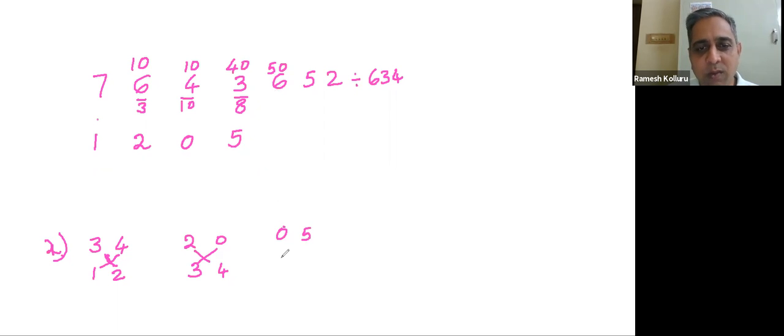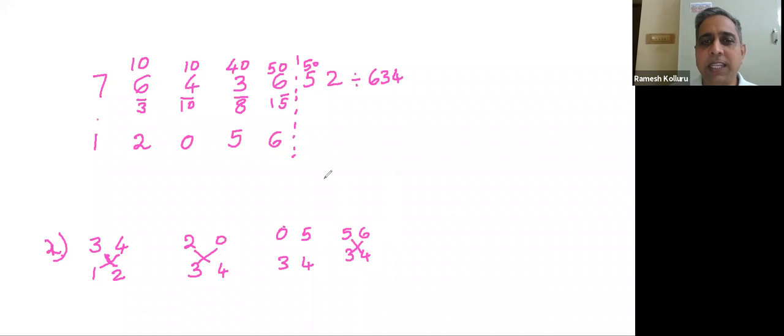So 0 5, 3 4. So 15 has to be subtracted. So it is 41. So 6 6s are 36. Again 5 passed. So here my division process ends. So here 5 6, 3 4. So 20 plus 18, 38.